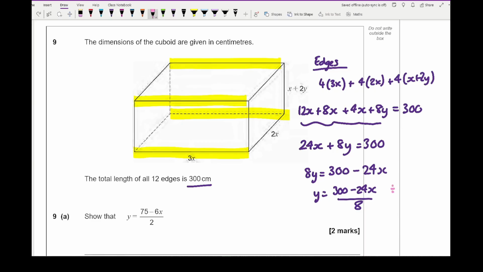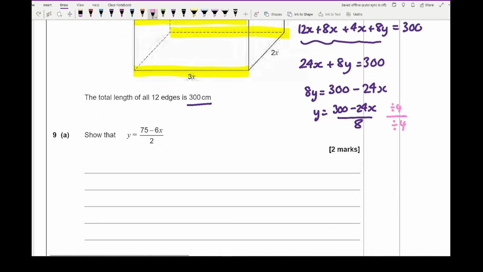So divide everything on the top by 4, and I forgot to divide everything on the bottom by 4 as well. In which case, 300 divided by 4 is 75, 24 divided by 4 is 6, so that's going to be 6x, and 8 divided by 4 is 2. And that is what they wanted me to prove.